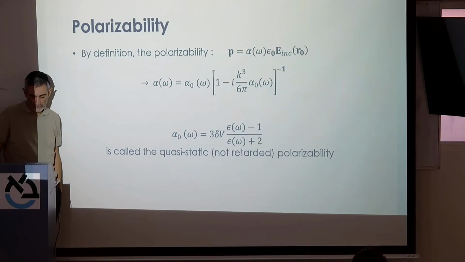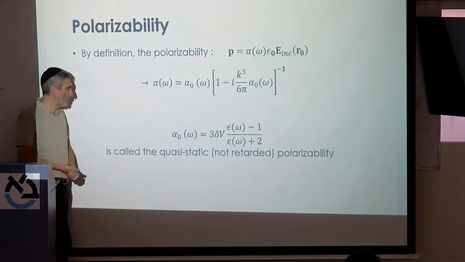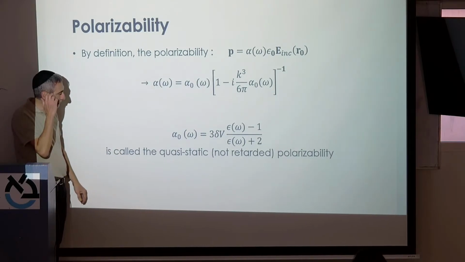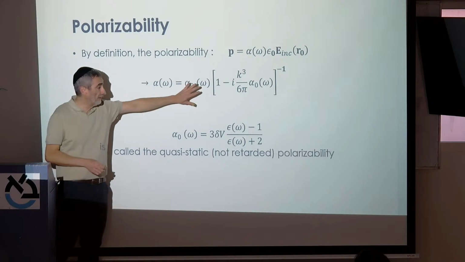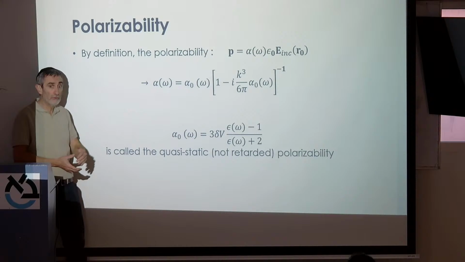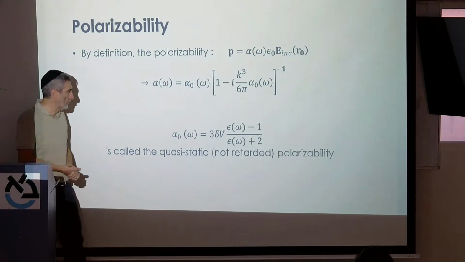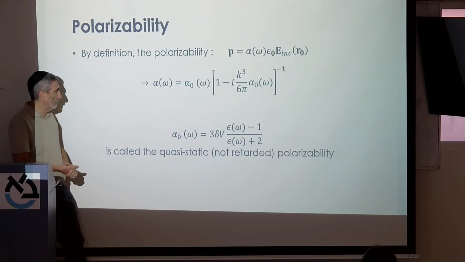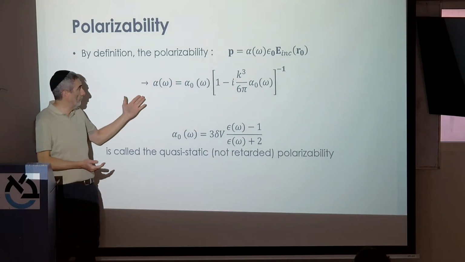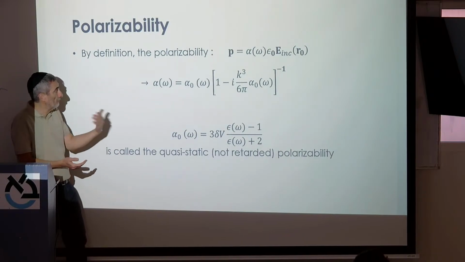The dependence on omega is not due to the fact that there is an oscillation. Alpha 0 is the quasi-static polarizability, the term for the case of the static field. There is no oscillation, no retarded potential in that case. It is given by this well-known expression for alpha 0, and it gives you the amplitude of the polarization of the medium due to a given incident field.